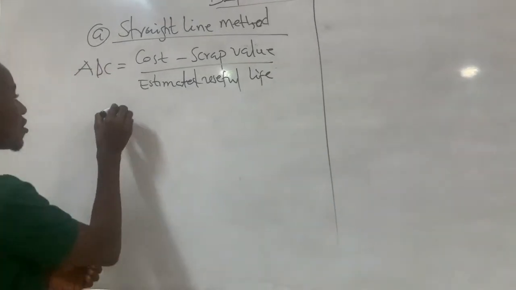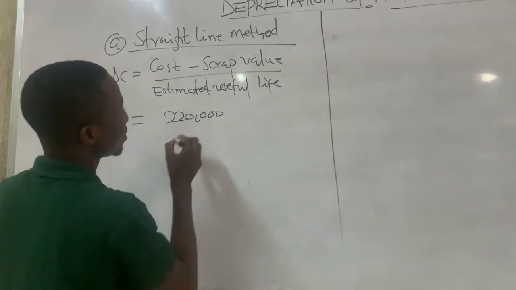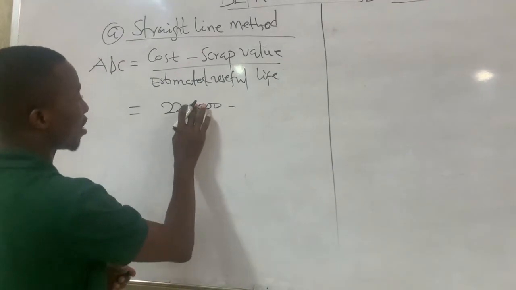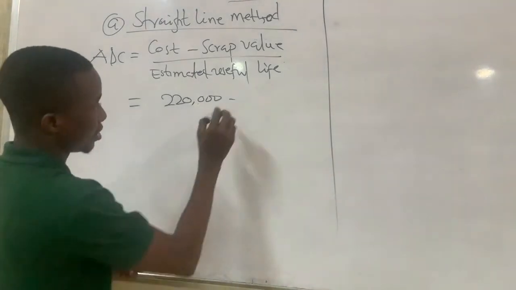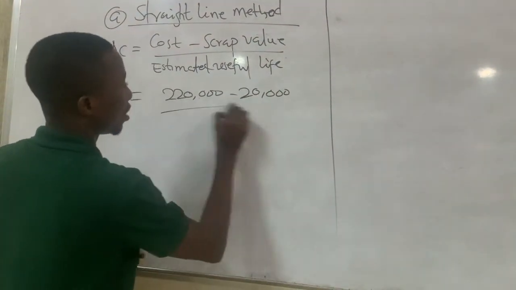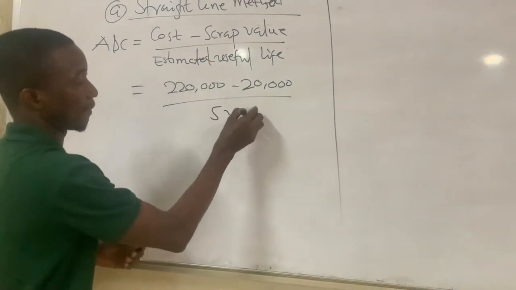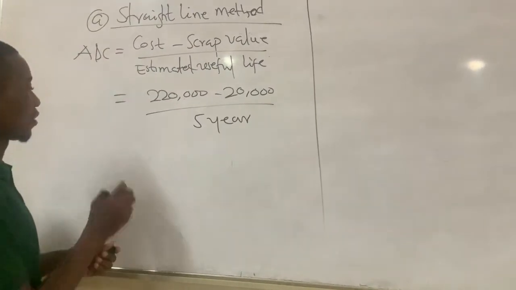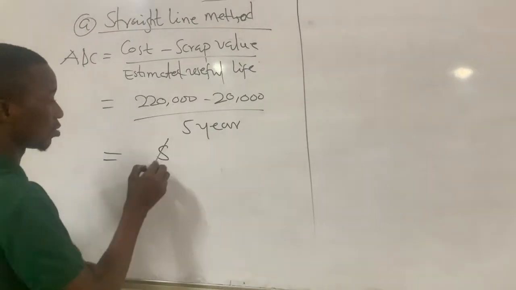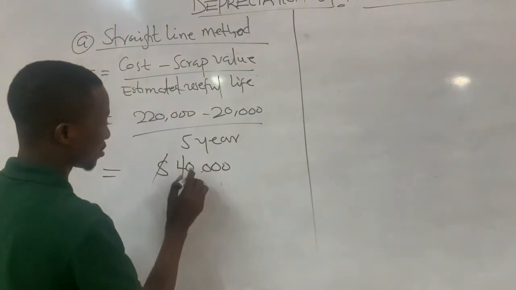Okay, this is very simple. The cost of the asset is $220,000, the scrap value from the question is $20,000, and the useful life of the asset is 5 years. Is that okay? And this is going to give us $40,000.